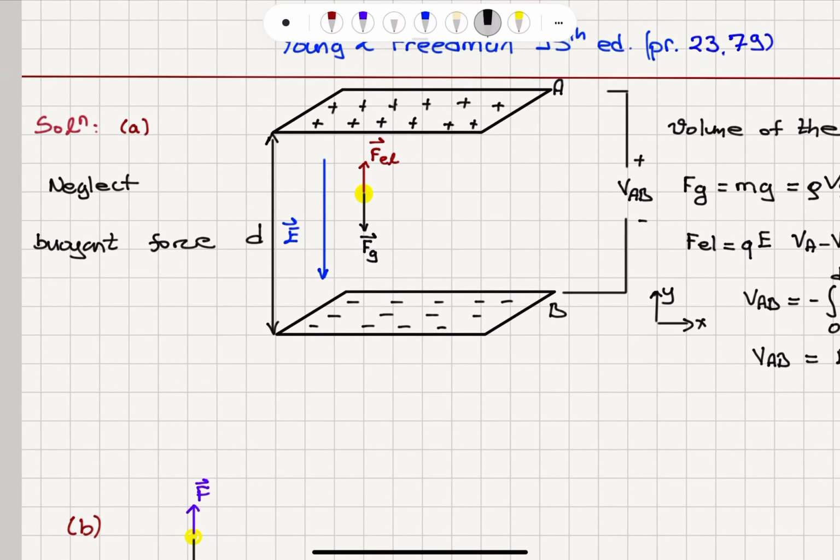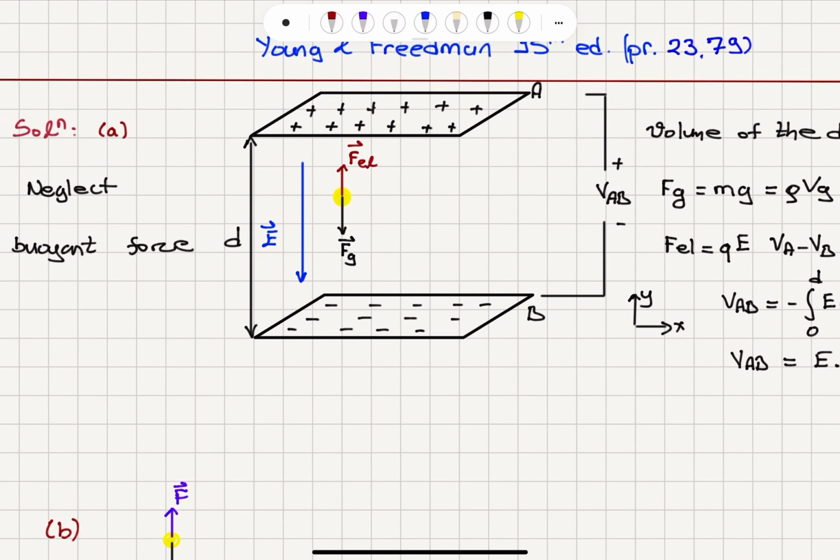All right. So the electric force the droplet will feel, FEL, is the charge q multiplied by the potential difference VAB divided by d. VAB divided by d is the electric field magnitude.